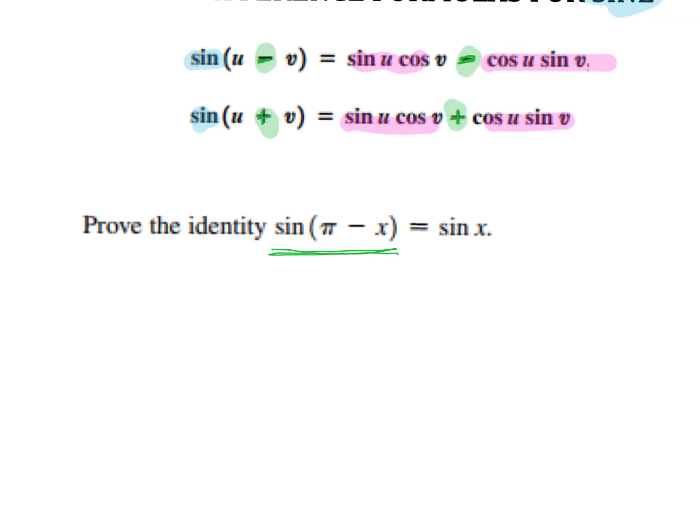So it's a difference. So we are going to plug into sine of the first times cosine of the second, and then minus cosine of the first times the sine of the second.